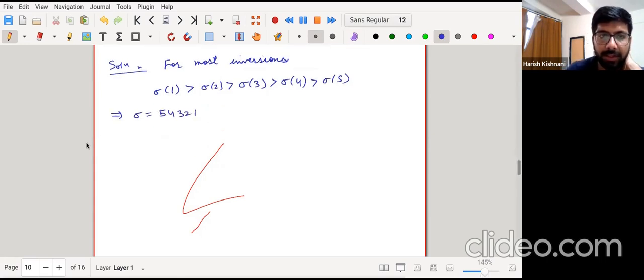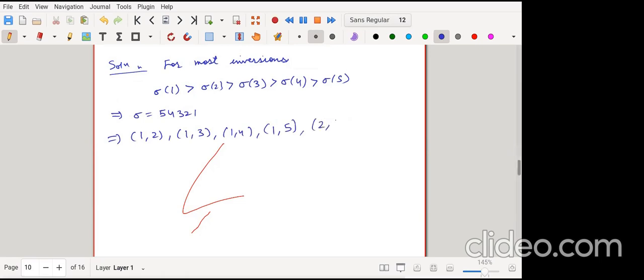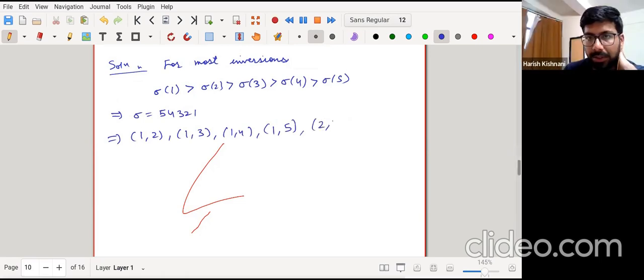And what does this imply? That whatever you choose after 1, that's an inversion for sure. So 1 2, 1 3, 1 4, 1 5, these are inversions. And then after 4, whatever number greater than 2 you choose, that's going to be an inversion with whatever we have already chosen.